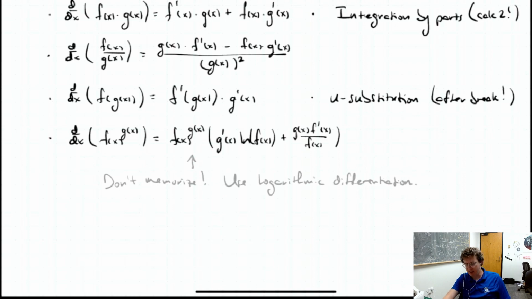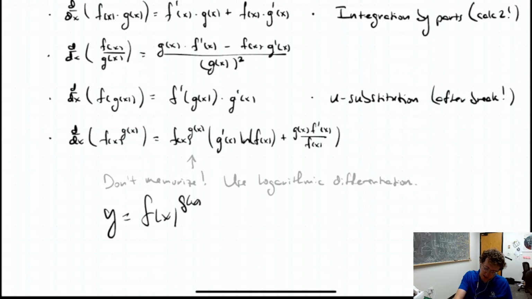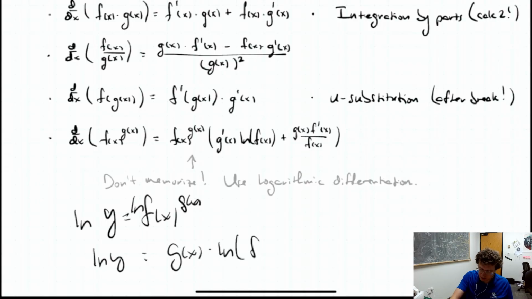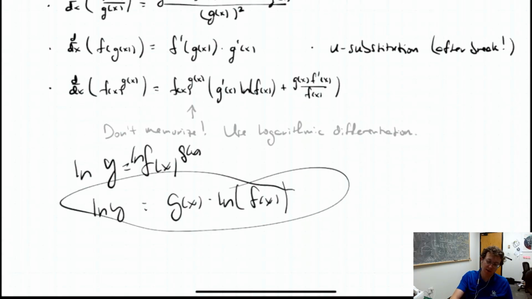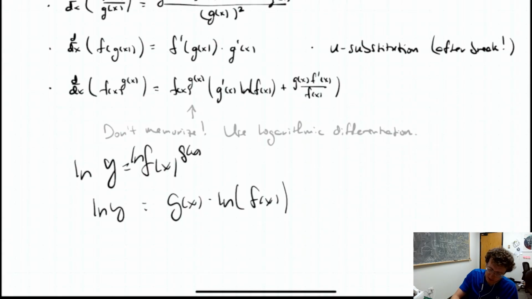But the point is, you can use logarithmic differentiation. The idea is that you write y equals f of x to the g of x. You take the ln. A rule of exponents says the g of x comes outside. And now you implicitly differentiate this. So that's the strategy.